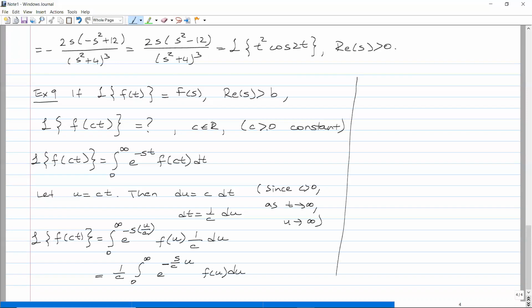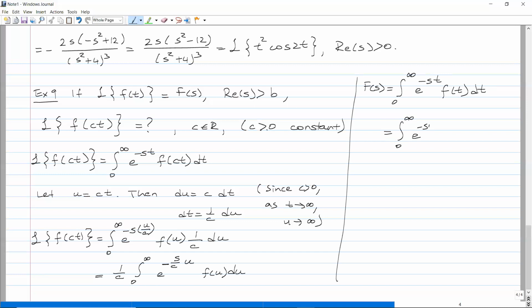Now remember that the function f has the Laplace transform capital F. The definition of capital F is the integral from 0 to infinity, e to the minus st, f of t, dt. So here, the variable of the integral is not important because we evaluate the improper integral.